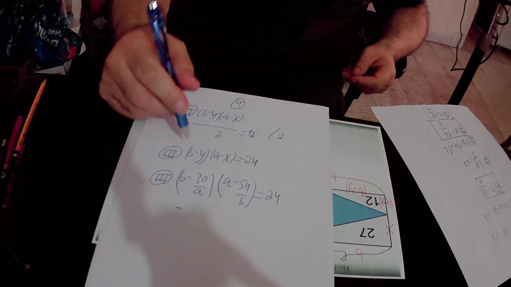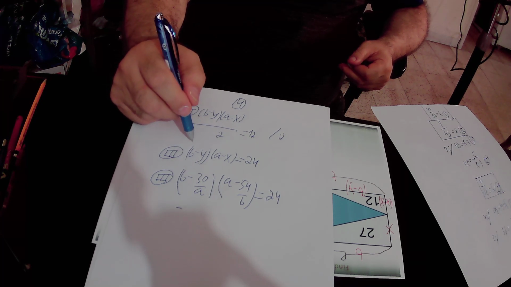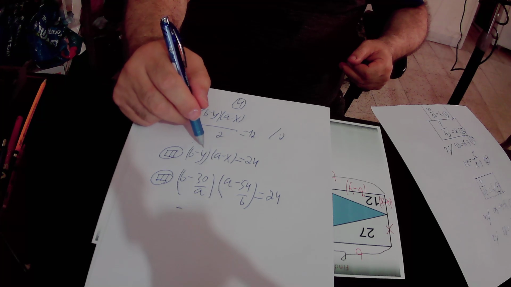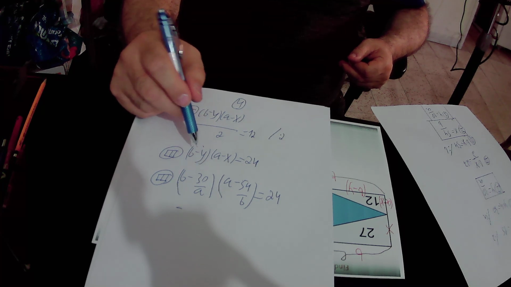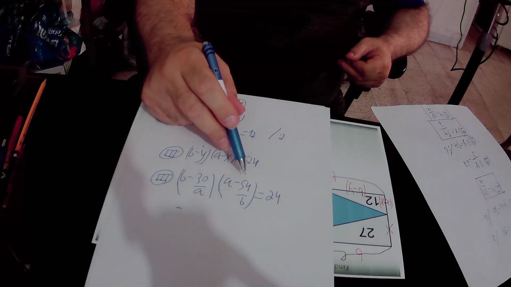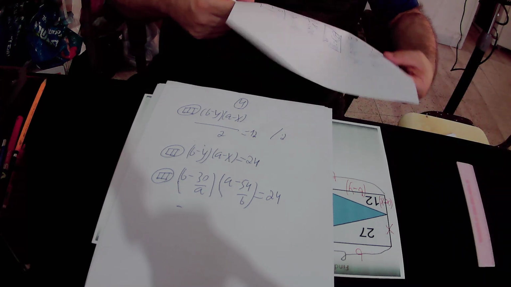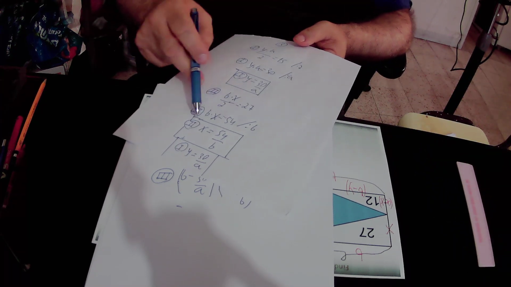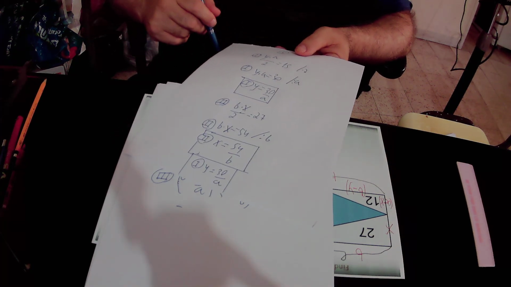I'll show it again: b minus y, we substituted y by 30 over a, times a minus x, and we substituted x by 54 over b. They are equal to each other, so we can substitute each by the other.